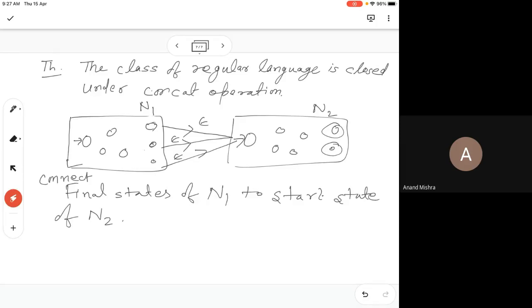Yeah, so only N2 final states are final states, not N1, right? So only N2 final states will be final states. Let's quickly take an example to understand this in a better way.